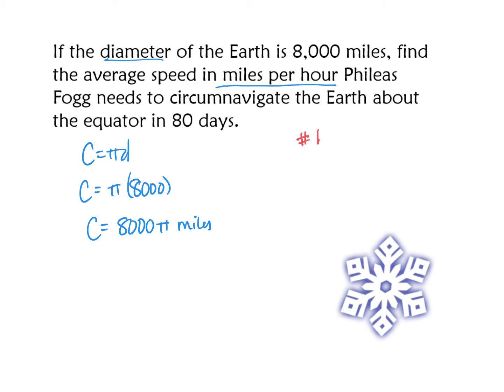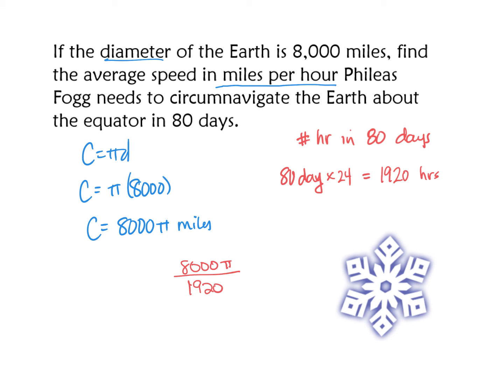So we have 80 days, and there's 24 hours in each day. That gives us 1,920 hours. So again, I want miles per hour, so I need to take 8,000 pi and divide that by 1,920.